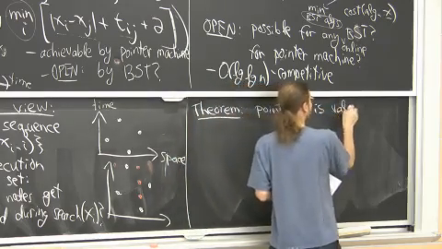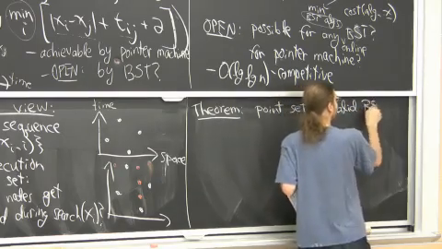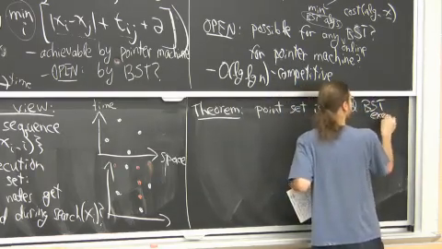So I want to know when is a point set a valid BST execution.